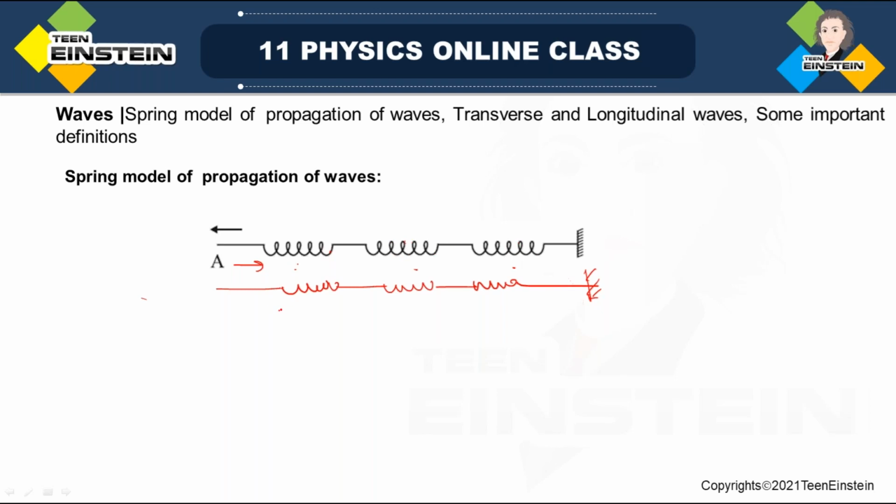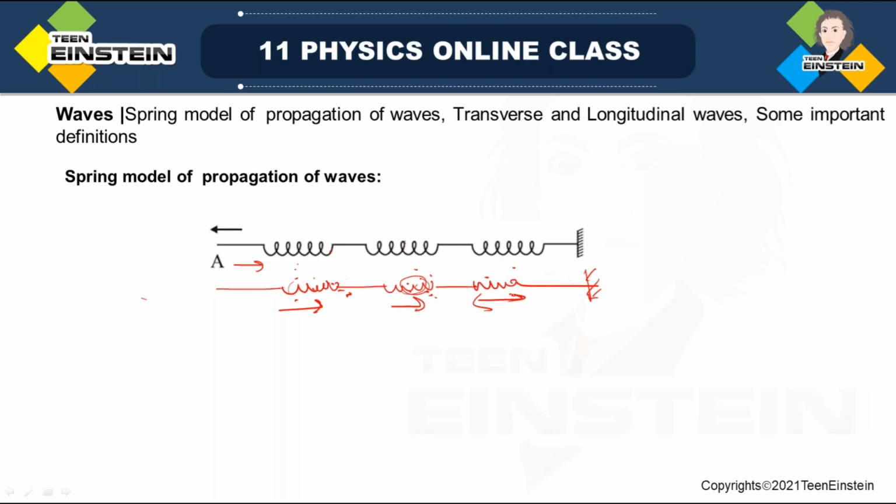In fact, when this is getting stretched, after that this will get stretched, slowly. That means the disturbance actually propagates to this and to this. In case of compression also, after this gets compressed, this one will get compressed, and they will have some time lag. This is called phase difference.